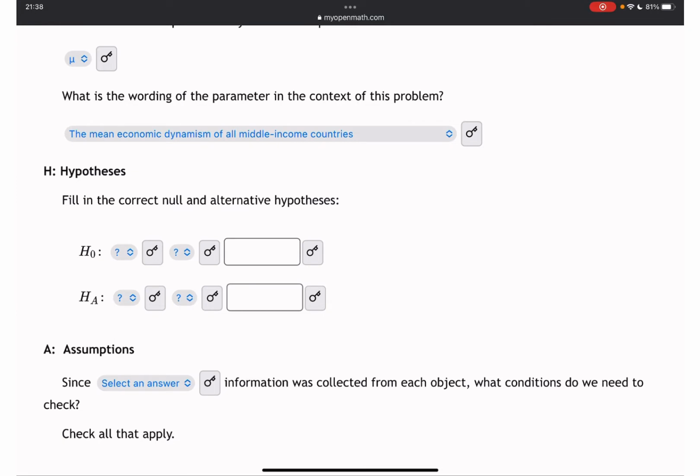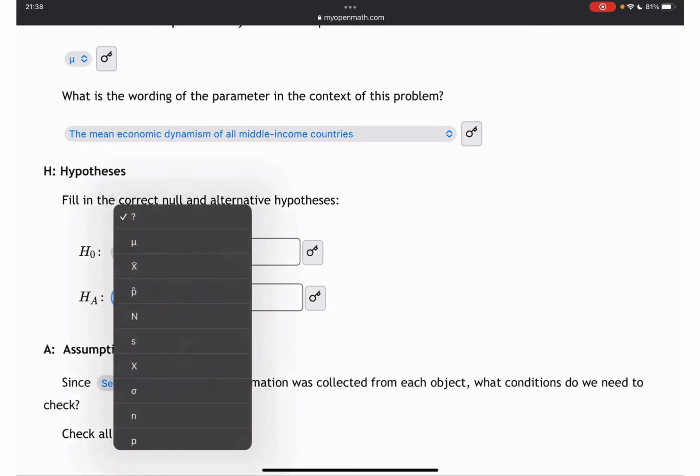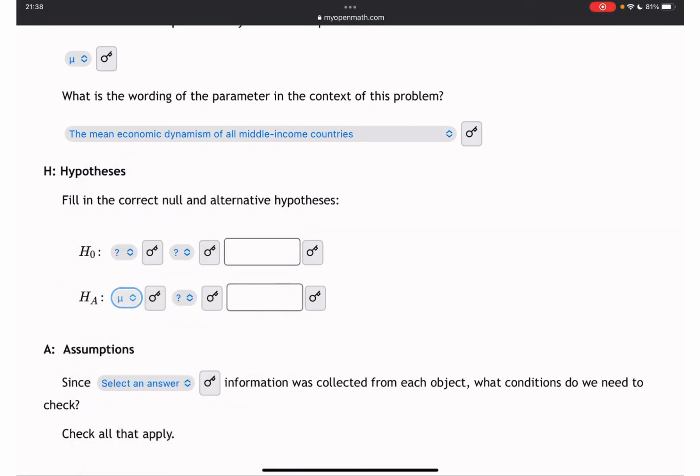So in this case, we are testing mu, because it's talking about average.